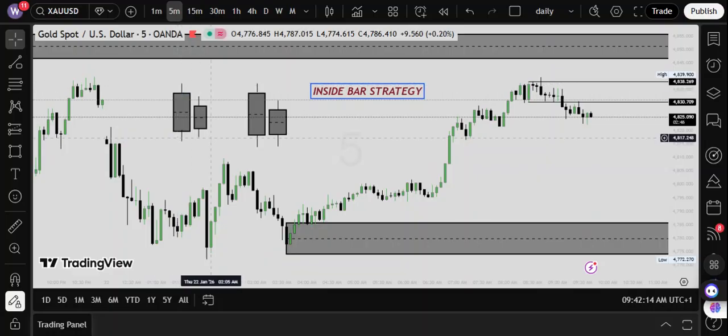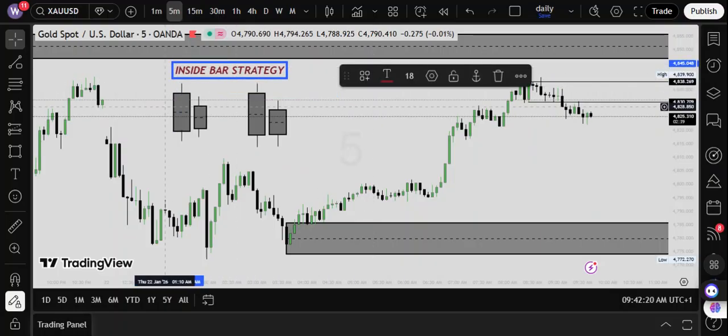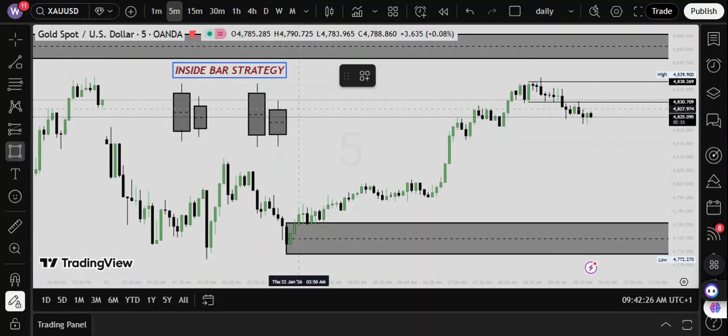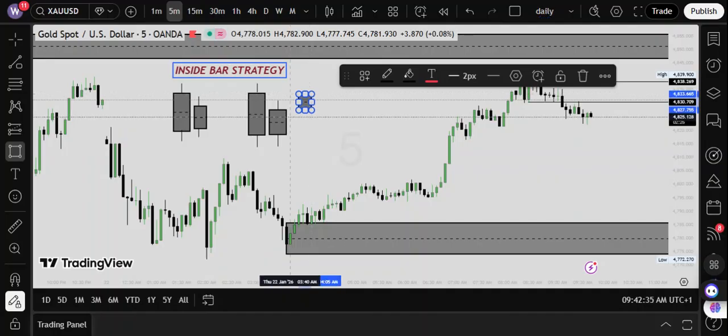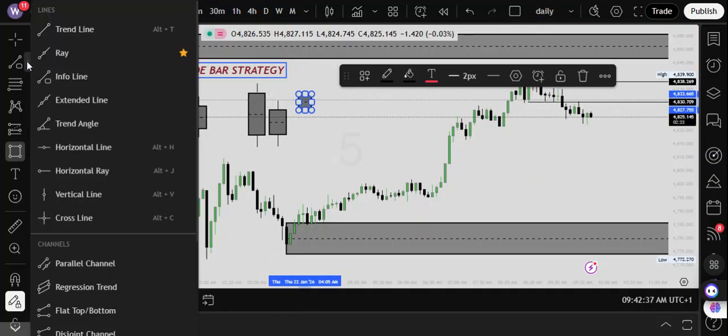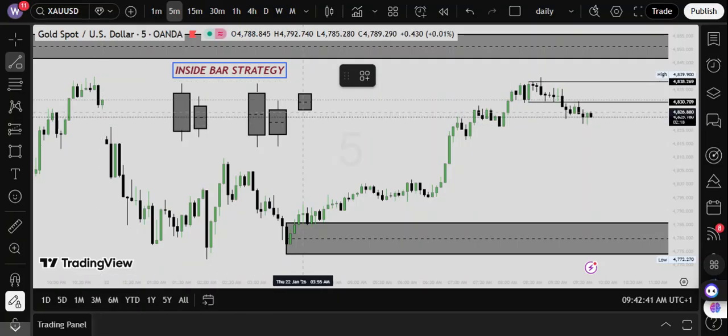So you have this kind of candle formation, and you have this kind of candle formation. This is called an inside bar, showing indecision in the market. When you have things like this, sometimes you can even have multiple, but all of the candles will not exceed the range of the mother candle.